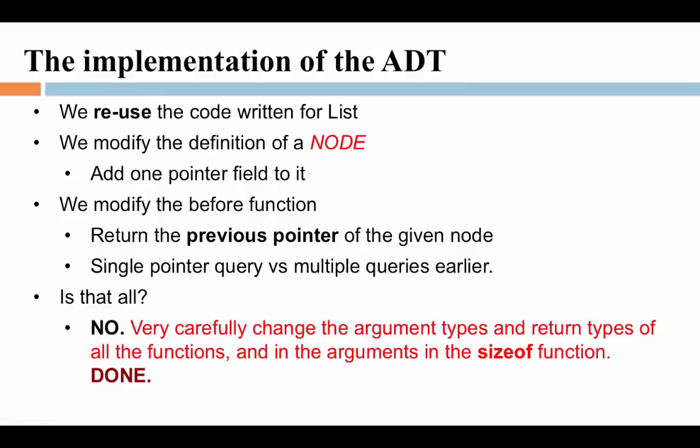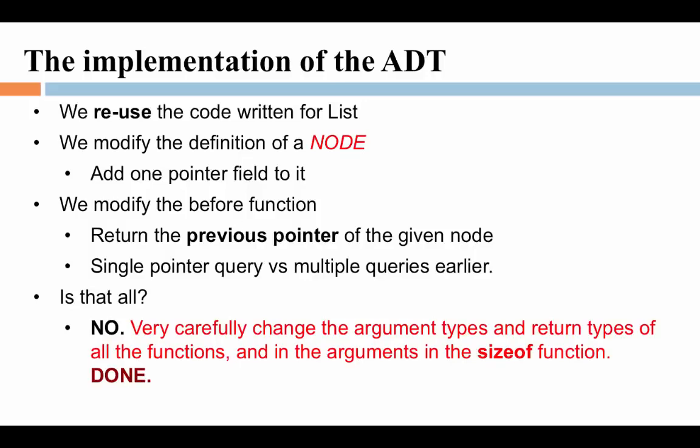Then we also need to ensure that the names of the functions are appropriately changed. That is, C does not provide us the feature of using the same name for a function which performs the same task on different data types. We should have different function names. So I repeat, we are limited by the features of C, the programming language.